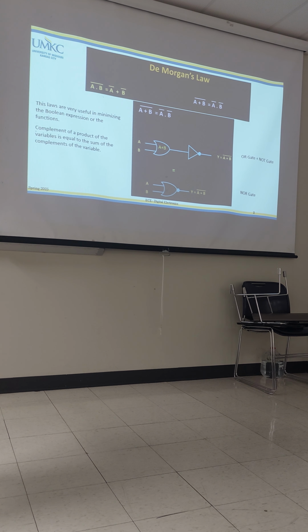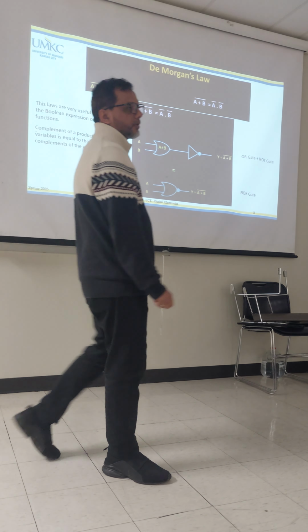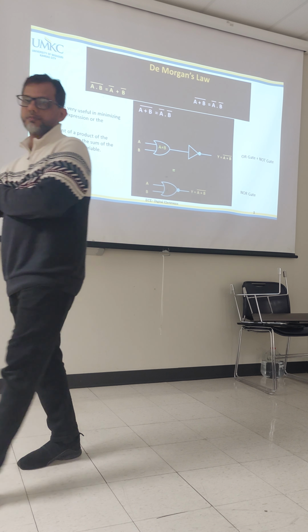The first law is this: the complement of a product of the variables is equal to the sum of the complements of the variables. That means A dot B whole bar equals A bar plus B bar.